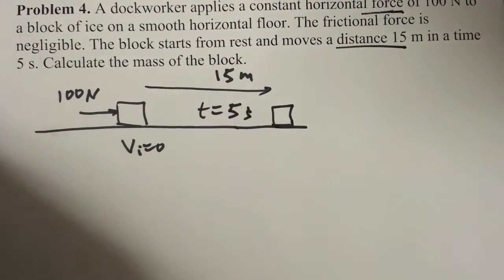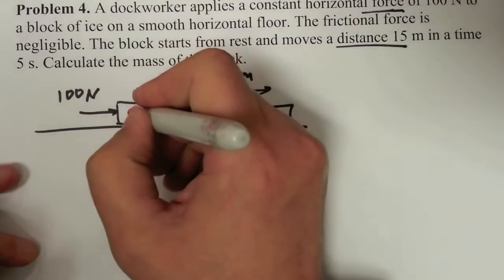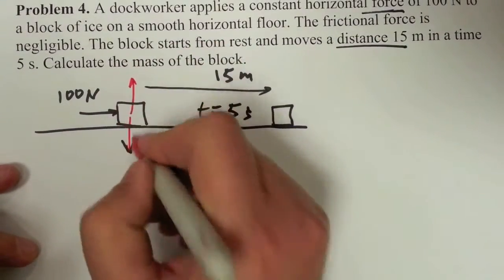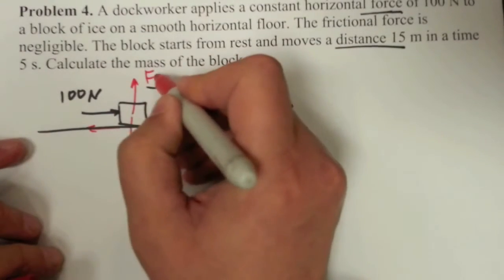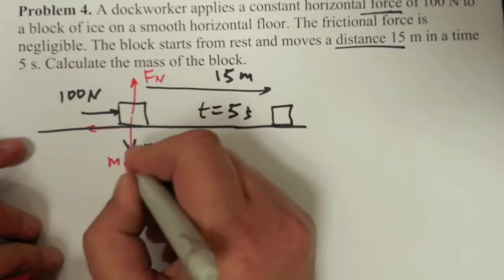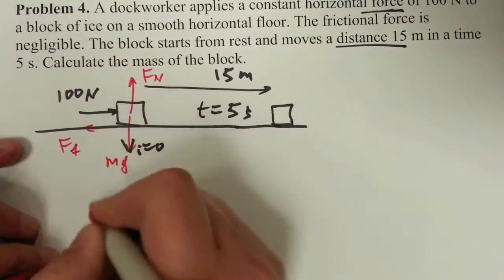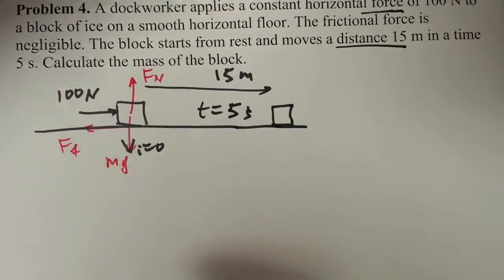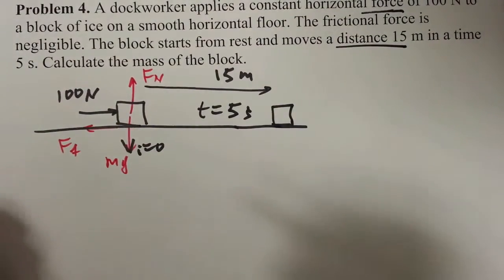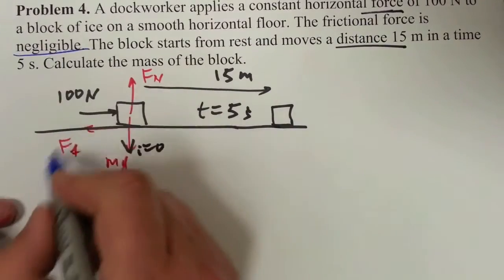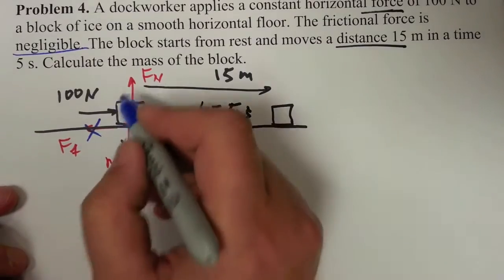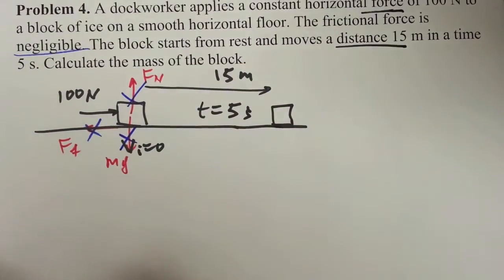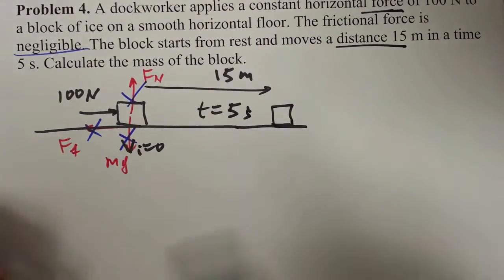So, strictly speaking, in general, 4 forces would have been acting on it. That's the normal force, that's the force of gravity, that's the force of friction, and because we have to neglect friction, we can cross it out. Normal and gravity cancel each other out. They're not responsible for the acceleration.